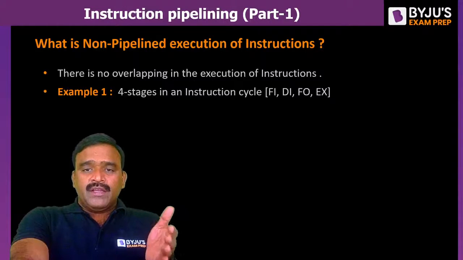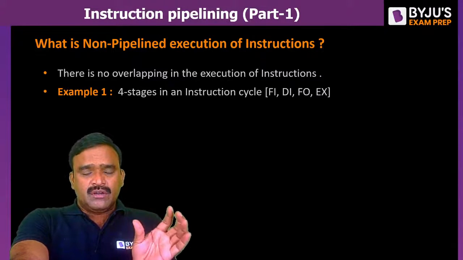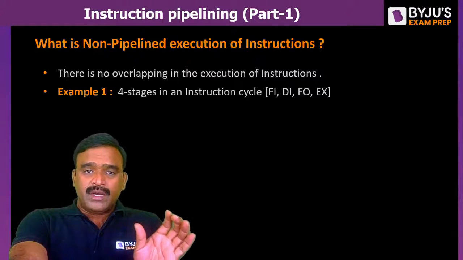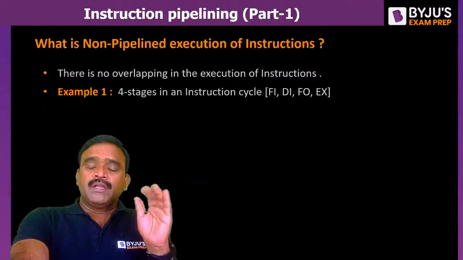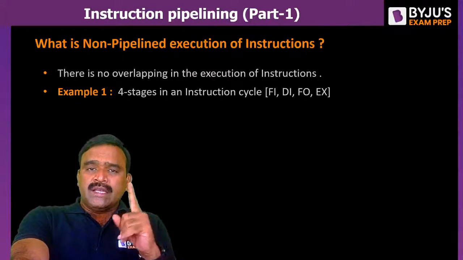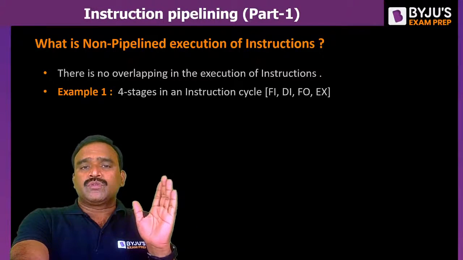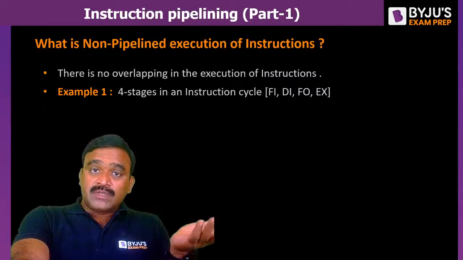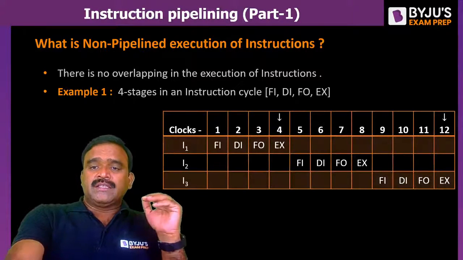FI, DI, FO, EX are short notations for fetching instruction, decoding instruction, fetching of operand, and execution of instruction. We are assuming that one cycle is taken for one stage, just for understanding, though some stages may take multiple cycles also.